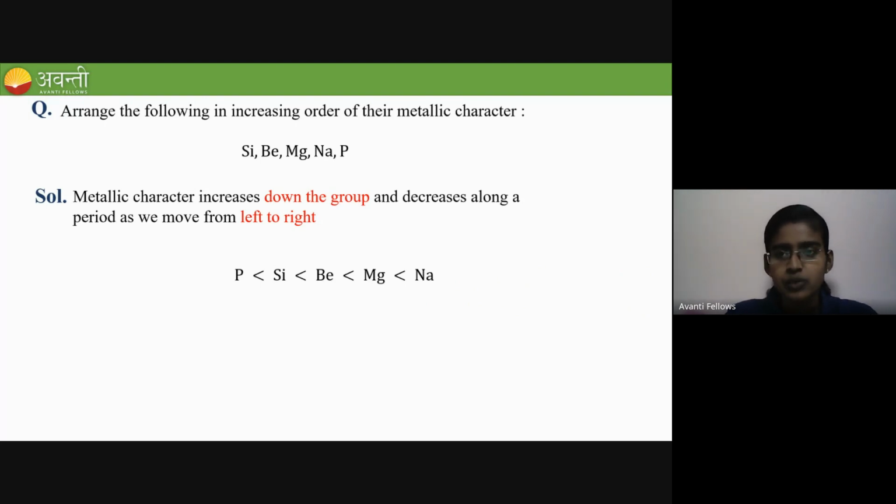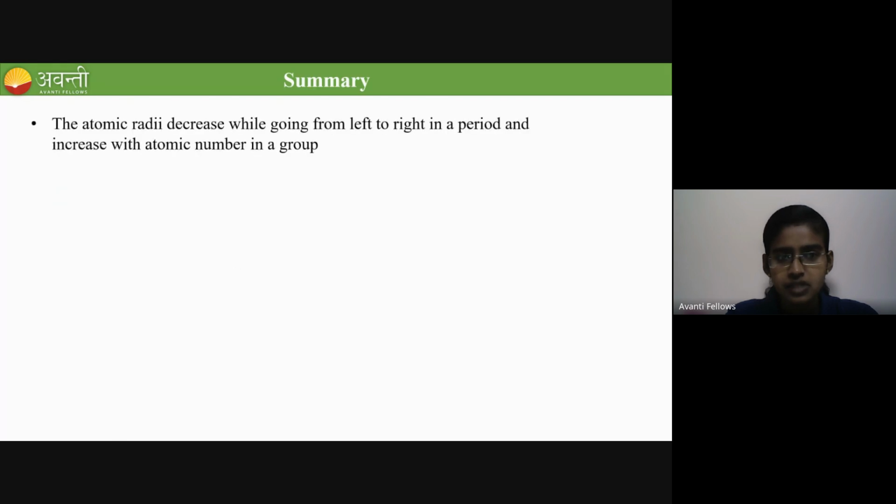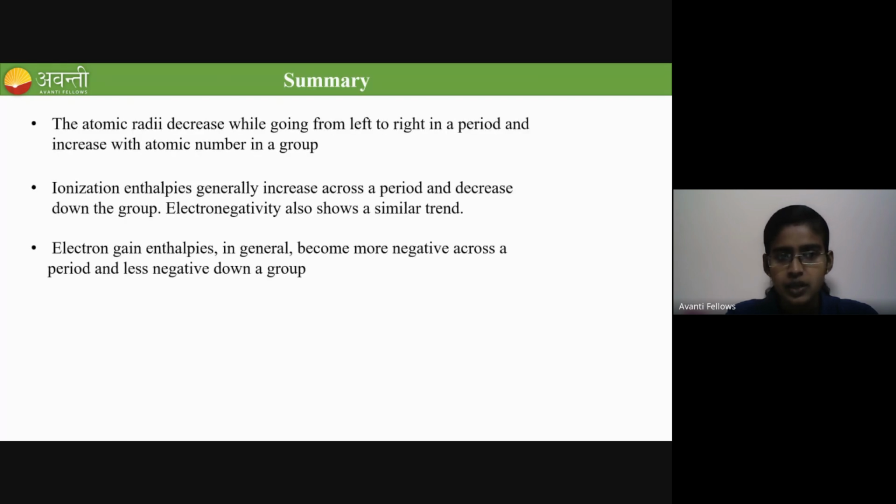Now let me quickly summarize atomic radius, ionization enthalpy, electron gain enthalpy. So atomic size, ionization energy, electron affinity or electron gain enthalpy, and electronegativity, across the period and on moving down the group.